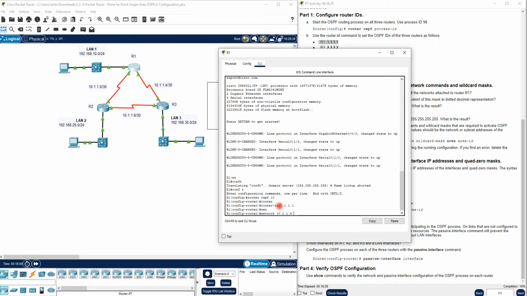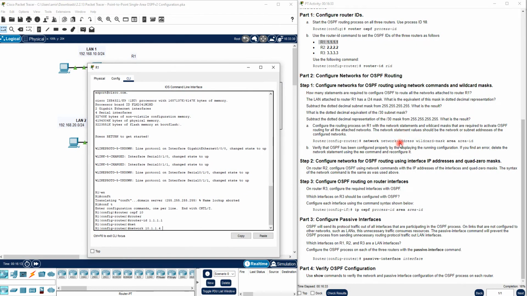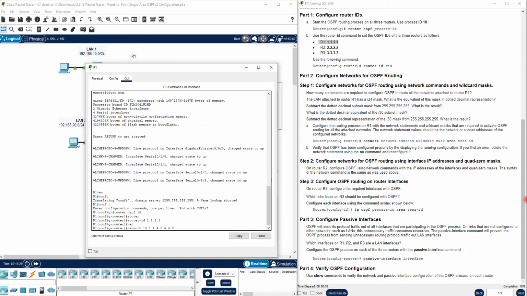And what is the wildcard mask? You can see here in the command, by default, this is not the subnet mask, it is the wildcard mask, and only we have 3 here. And the area ID should be 0 for all of the networks here.